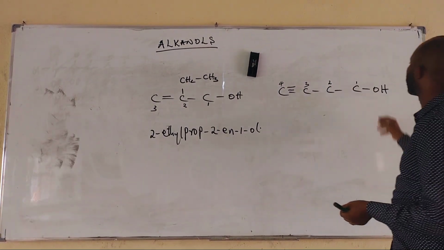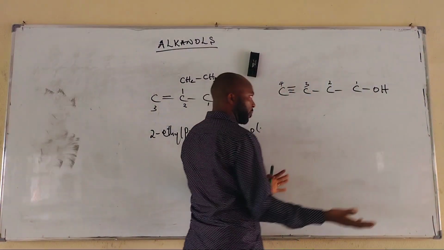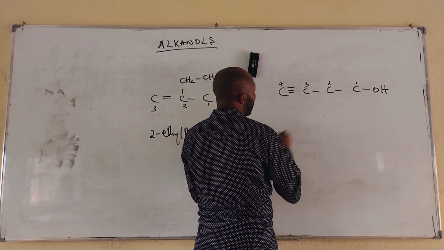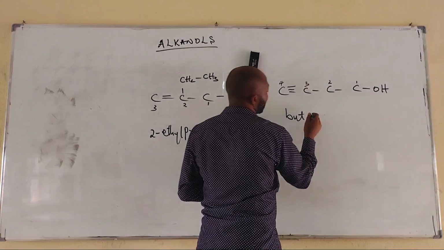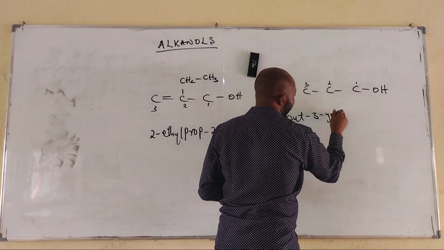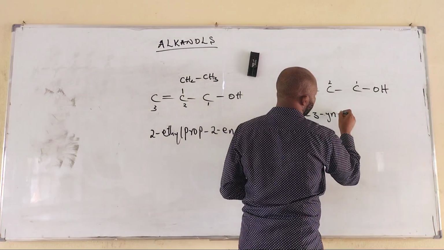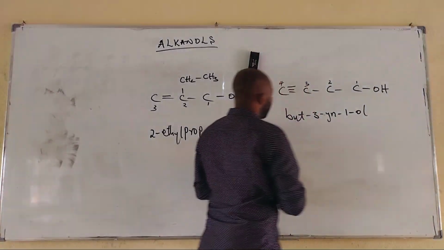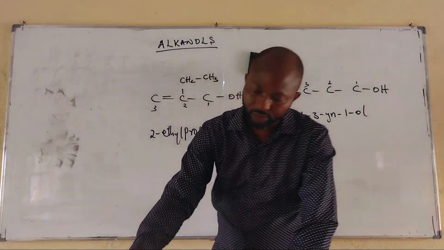This is the backbone, being the butane chain. So we have the double bond, and at 3 this is yne, 3-yne, 1-ol. This becomes the name of this compound.